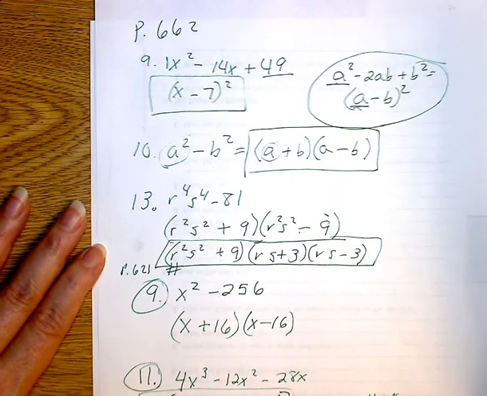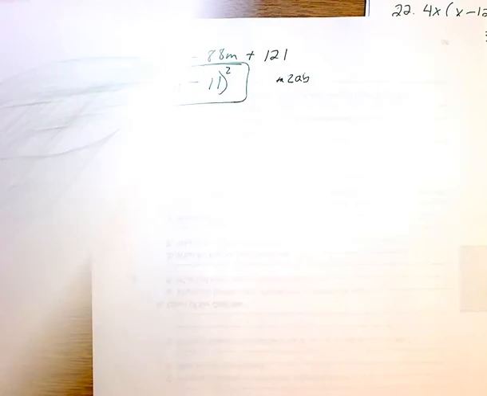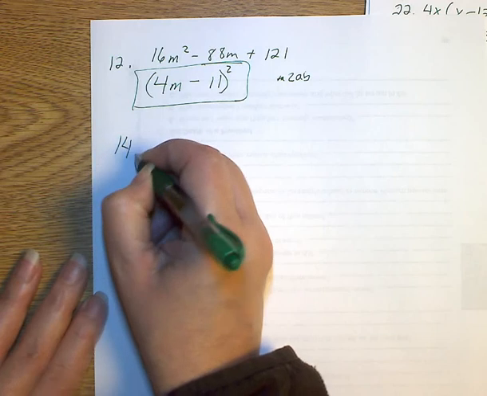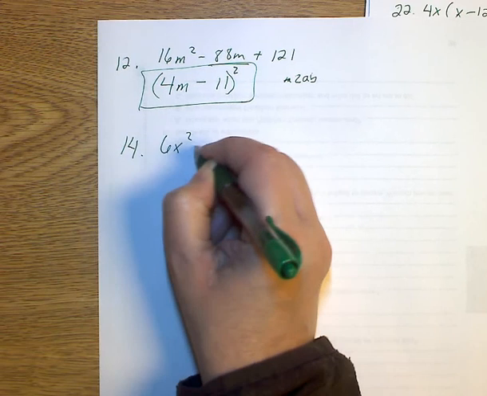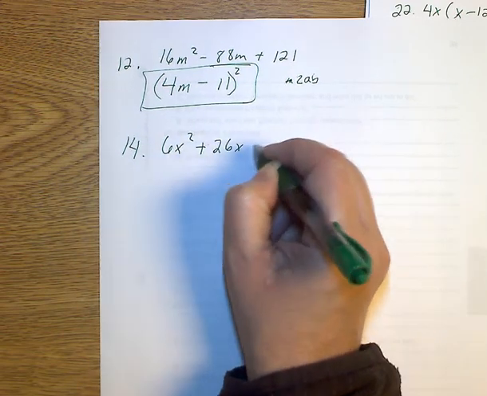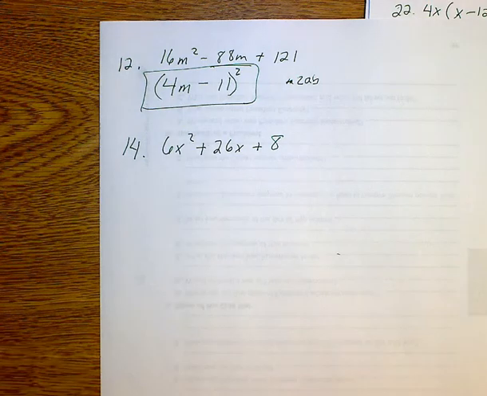Alright, so now back to number 14 then. 14 says 6x squared plus 26x plus 8. First step. What's my first step, what's that first question? My first question is, do they have anything in common? So does 6x squared plus 26x plus 8 have anything in common?